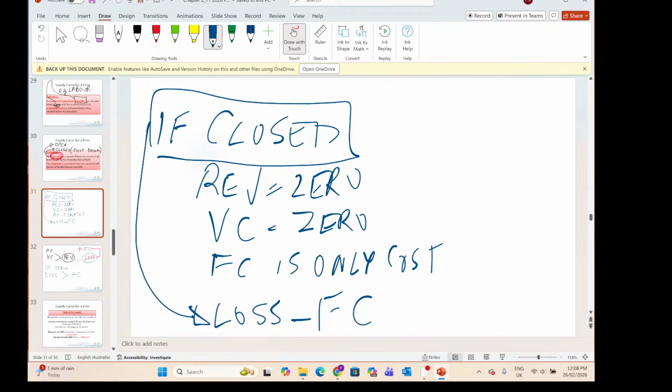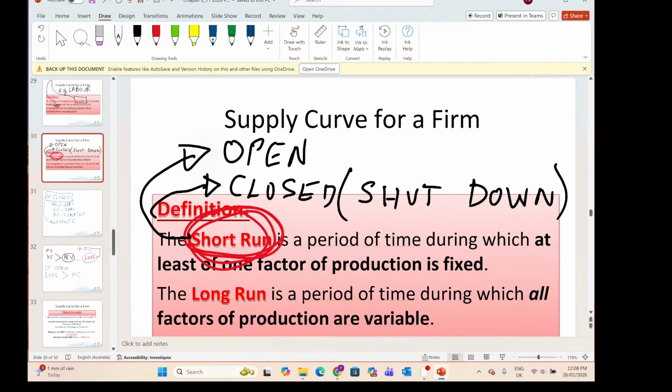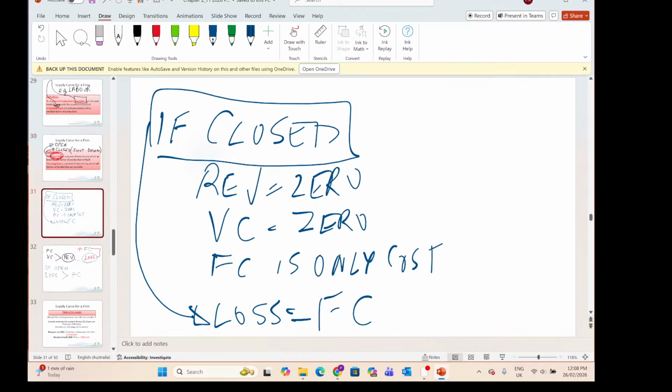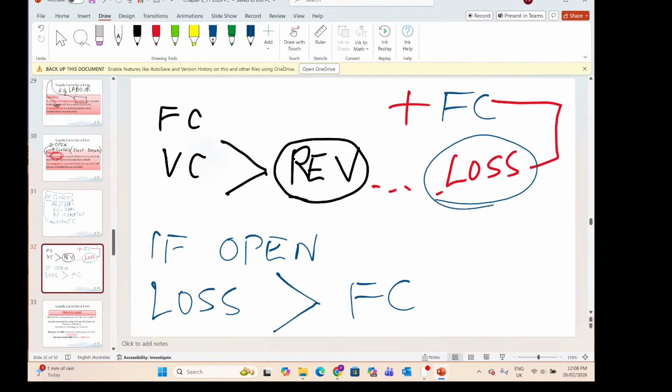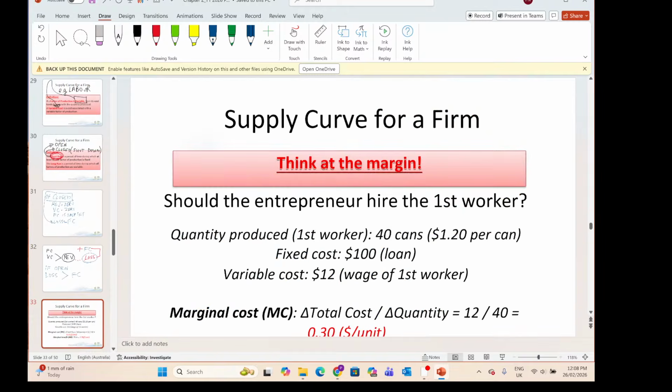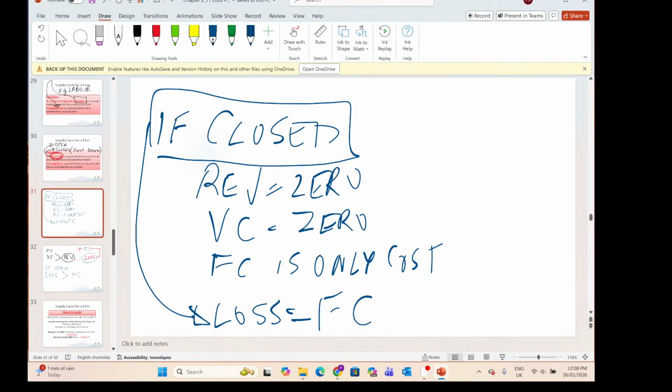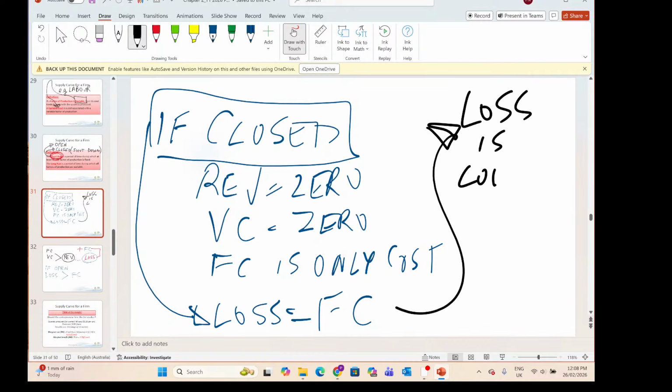If business is bad and the firm opens and the variable cost is greater than the revenue, the loss will be greater than the fixed cost. But if the business is closed, the loss will equal the fixed cost, and so the loss will be lower than open.